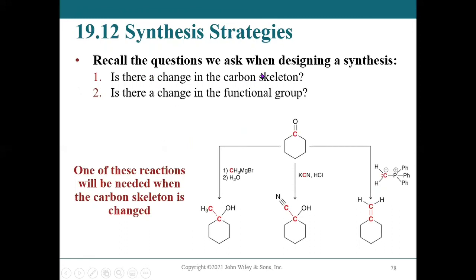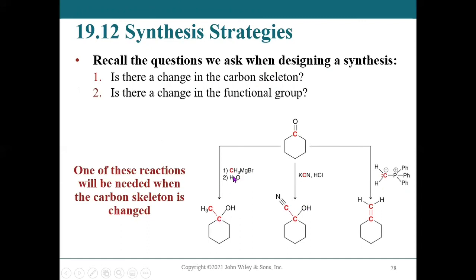Recall the questions we asked when designing a synthesis. Is there a change in the carbon skeleton? Is there a change in the functional group? One of these reactions will be needed when the carbon skeleton is changed. So here is a summary of the reactions we can use to change the number of carbons.